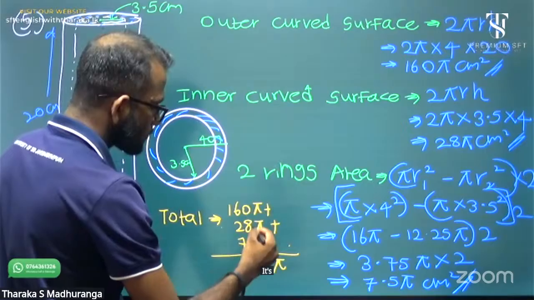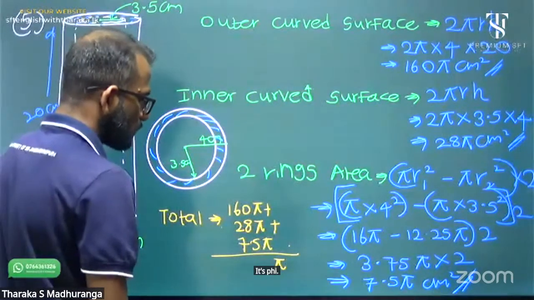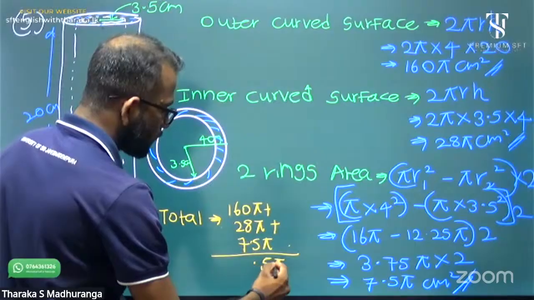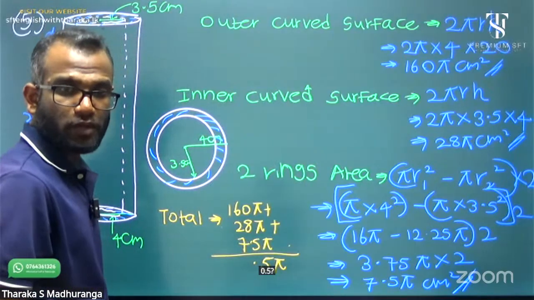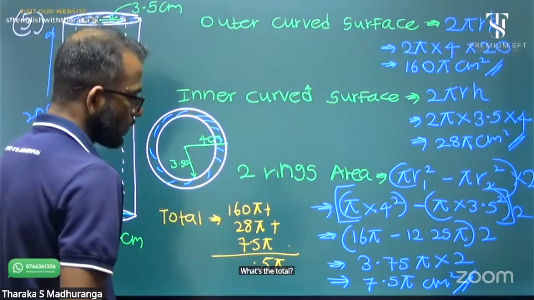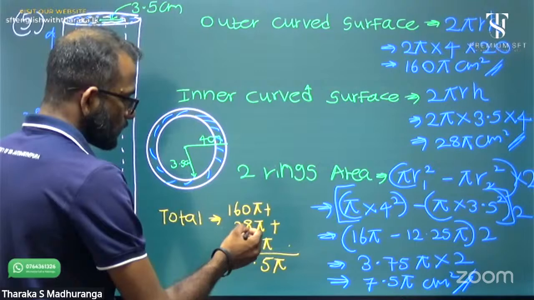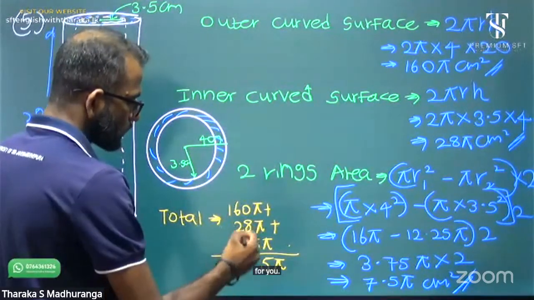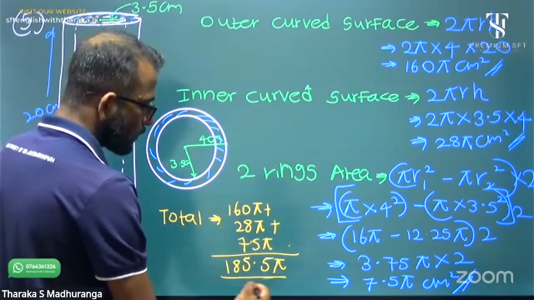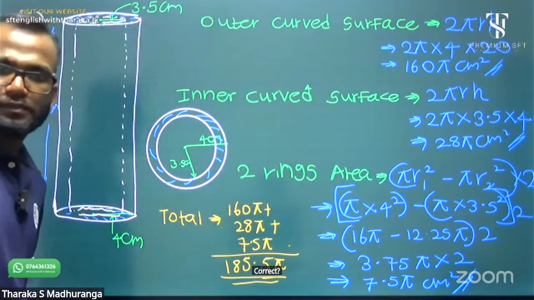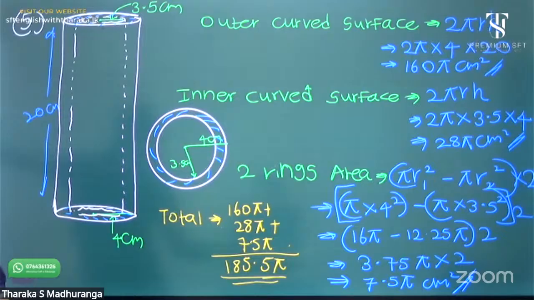It's 195.5π. Is it correct? 195.5 into π.